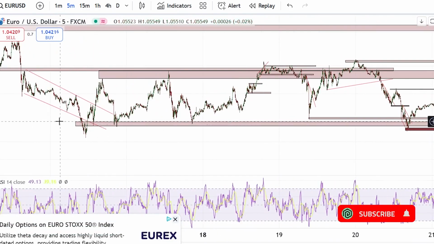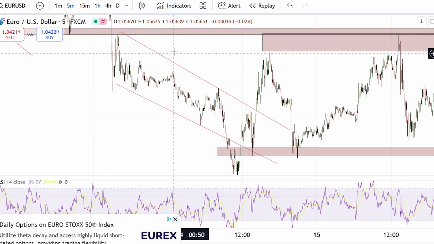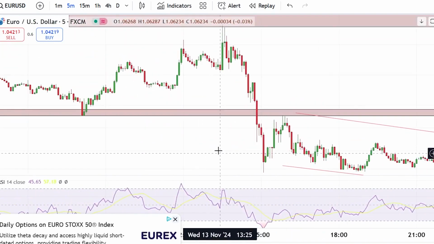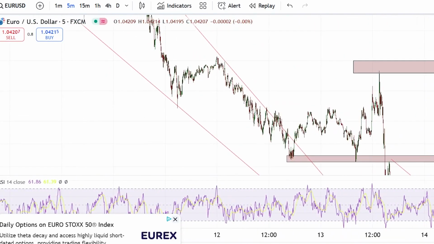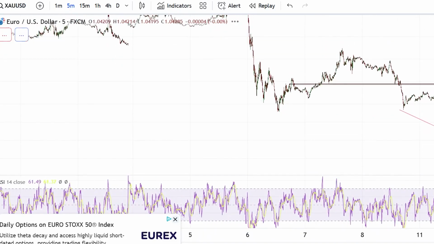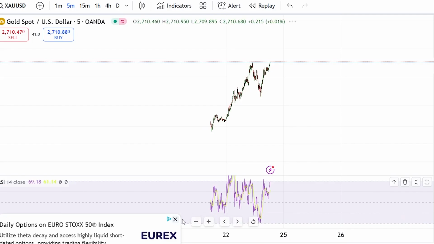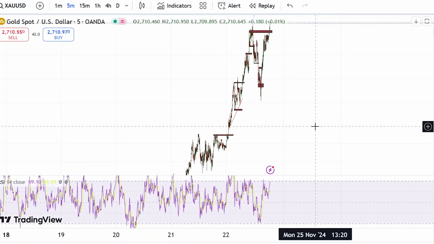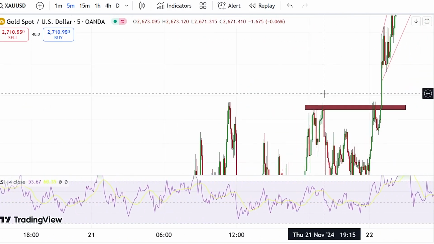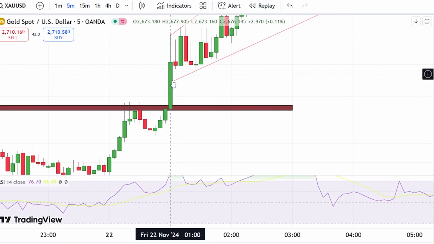I don't expect you to draw all these zones. I just expect you to go on the chart and find a strong downtrend, or if I find a strong uptrend on gold, I think I'll find it. Or this strong uptrend breakouts.